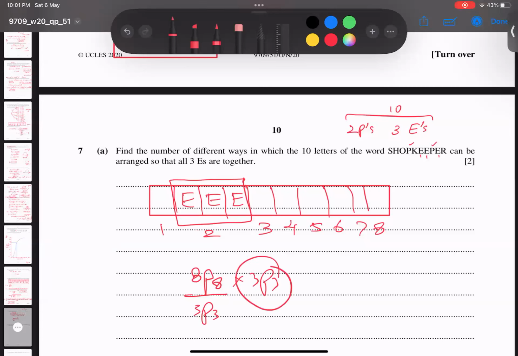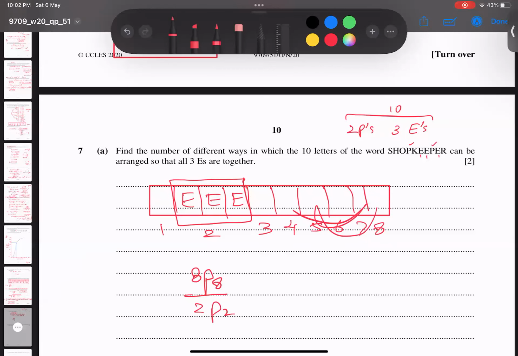But actually that never happens, because they are similar elements. We cannot differentiate how they will move backward or forward, because we cannot tell which E comes first or second. That is why we will not divide by that. But the 2 P's we will divide, because they move to different places.